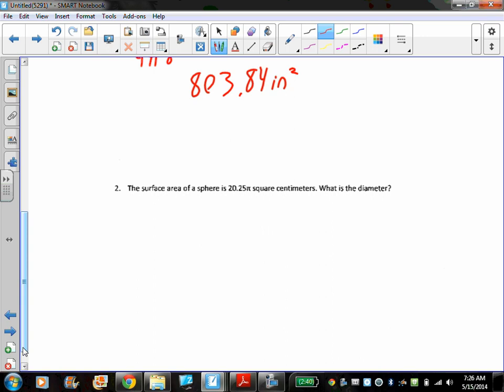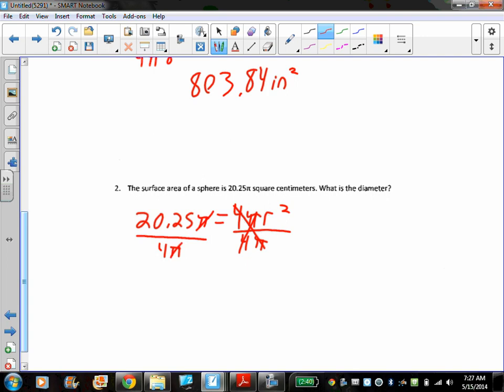Next example. The surface area of a sphere is 20.25 pi centimeters squared. What is the diameter? So, we're told what the surface area is, and we know that the equation for surface area is 4 pi r squared. So, the first good step that we could do is let's divide both sides by 4 pi. The pi's are going to cancel out on the top and the bottom over here.